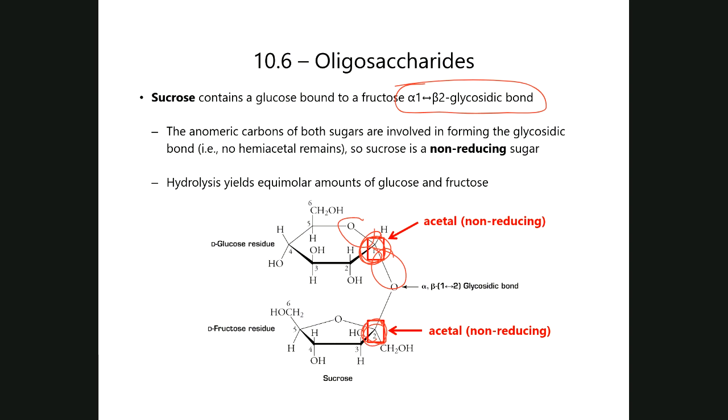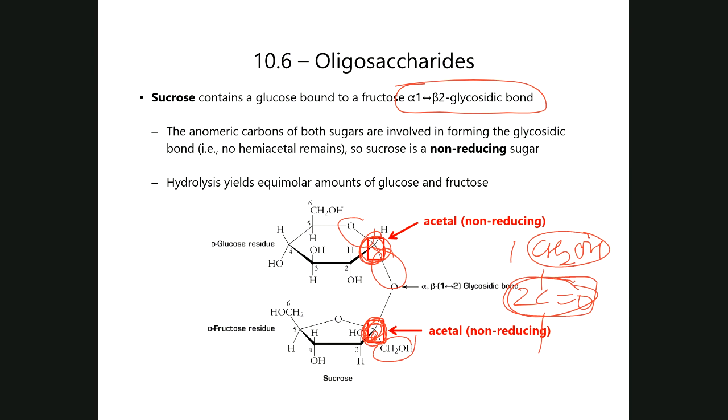Remember, if you remember the open chain of fructose, there's a CH2OH, and then is where the ketone comes up, right? So carbon 2 is the one that ultimately forms the hemiacetal in fructose. Here's the CH2OH over here. It's carbon 2 that's involved in the hemiacetal in the fructose.